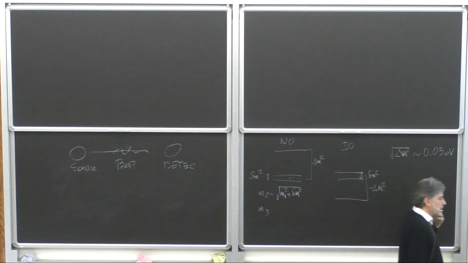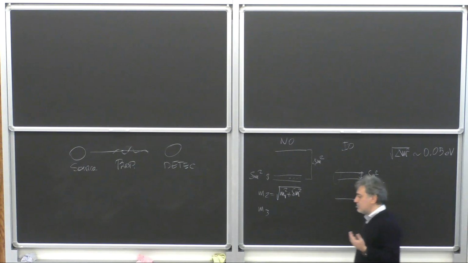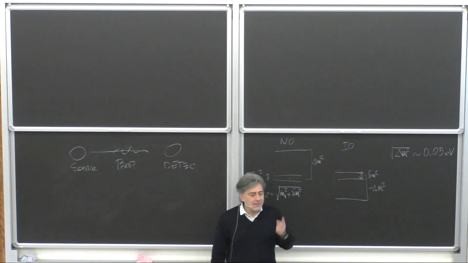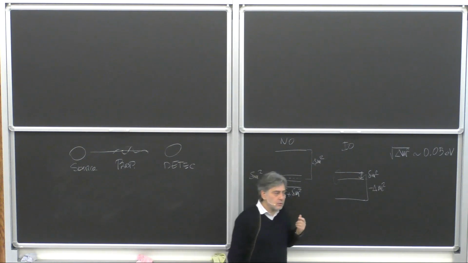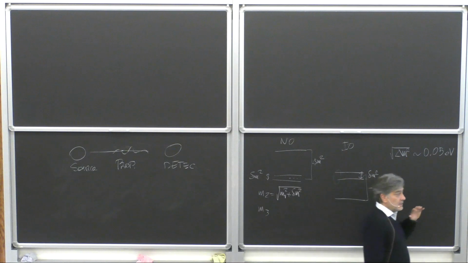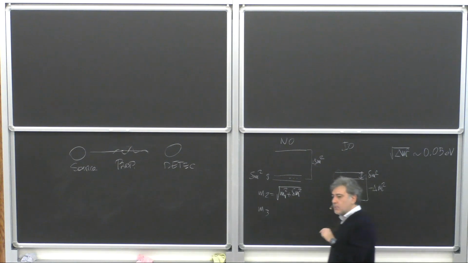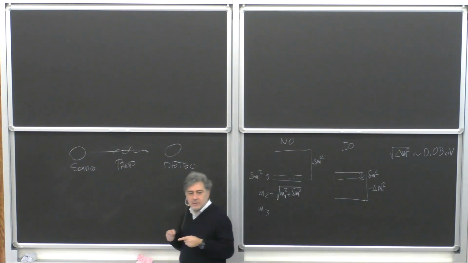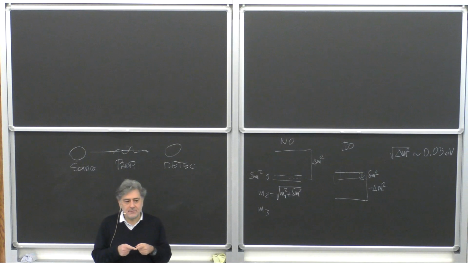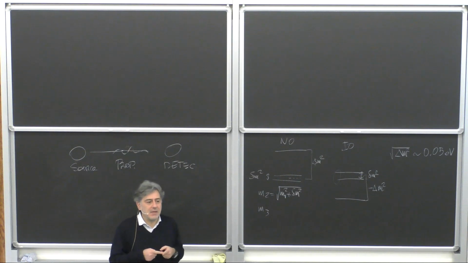So now, from 2005 or 2010, it was realized that besides the matter effect, there is another kind of particle important for neutrino scattering, which is neutrinos themselves. So neutrino scattering is also important.